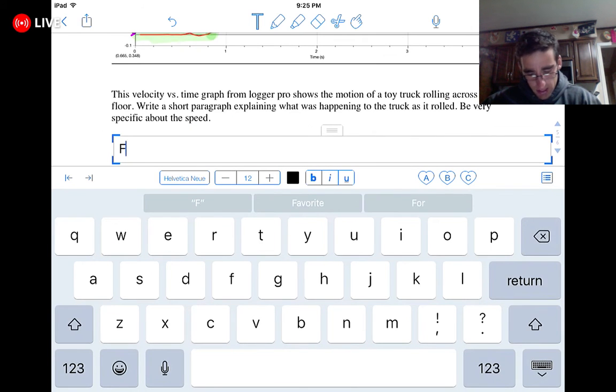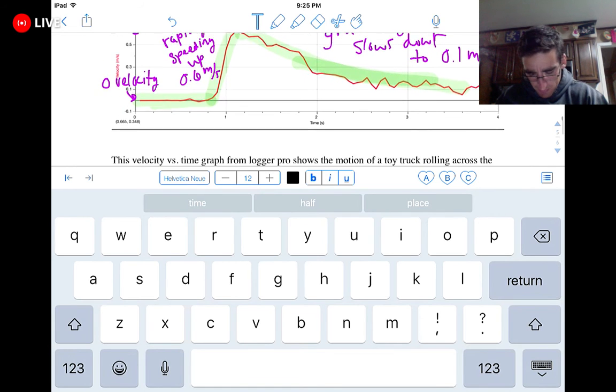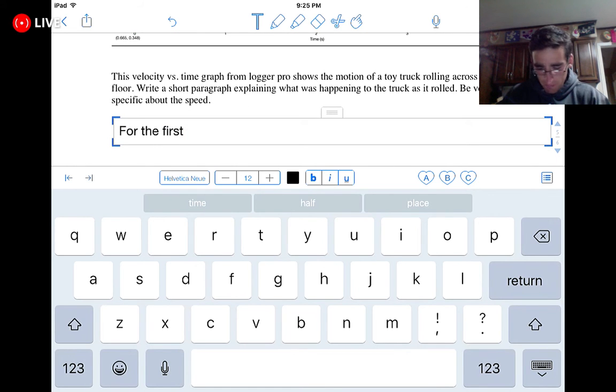It says write a short paragraph. So I'm going to say, for almost the first second, the truck sits still.